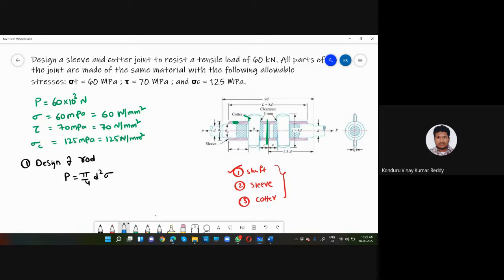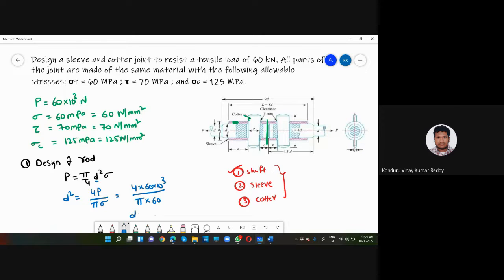Here we want to find the diameter, thereby d square is equal to 4P by pi into sigma, which is 4 into 60 into 10 to the power of 3 by pi into the tensile stress, 60 Newton per millimeter square, sorry.